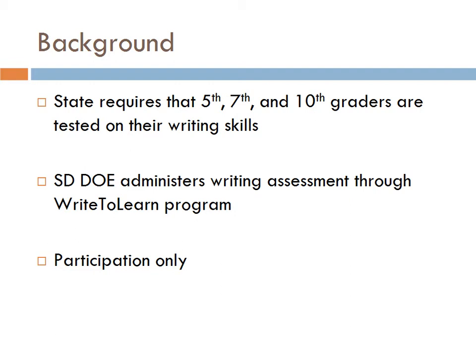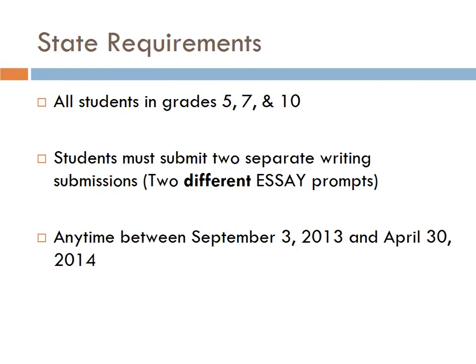Your students will log in, write 2 different essays, and then click Get Feedback. Once they do that, it'll give them immediate feedback on their writing, how they did, which we'll show you. And we at the state don't actually look at the data; it's participation only, so you don't have to worry about that. Which leads me into the next slide.